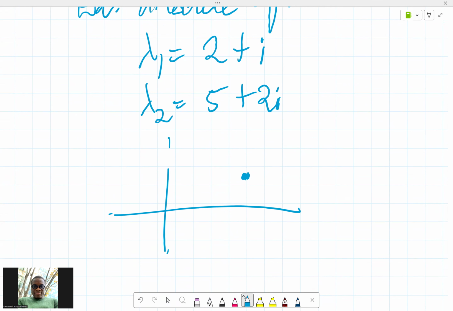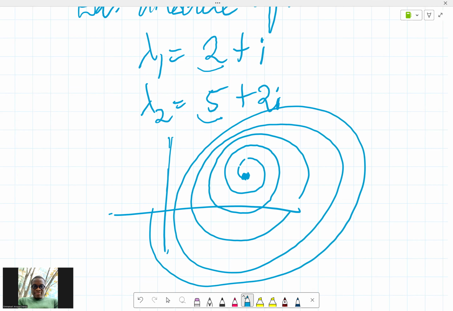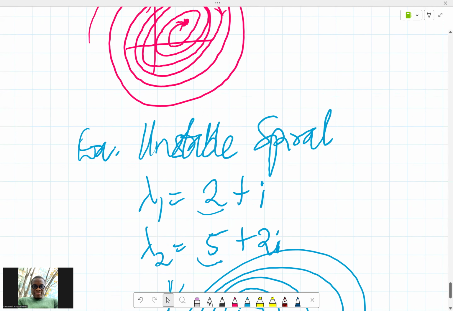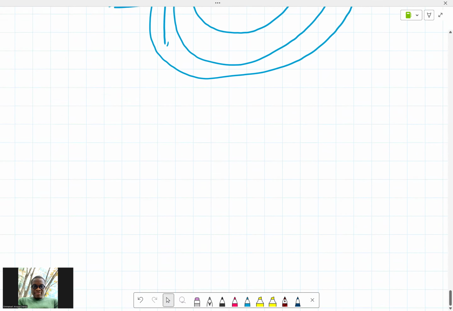Because these real parts are positive, we are going to have an unstable spiral, with the trajectory growing out, moving away from the critical point. That is what we mean by an unstable spiral.